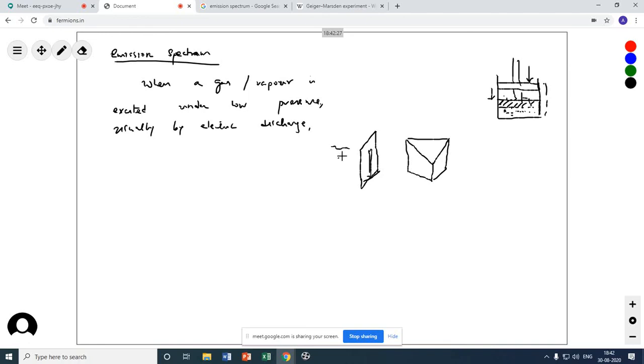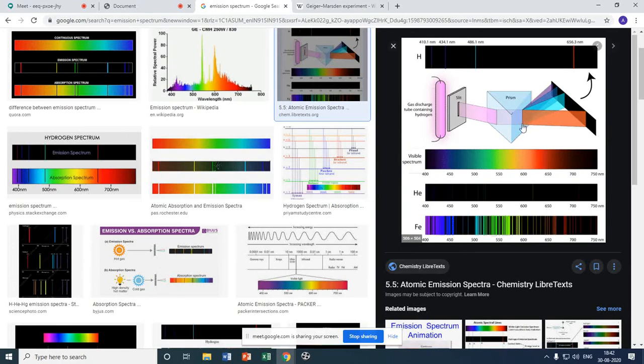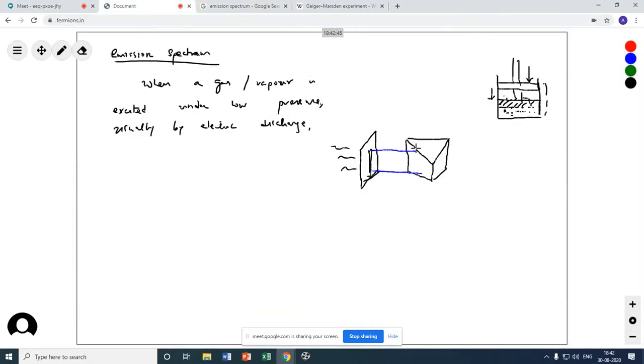So the radiation which is coming from here becomes a straight line, falls on this and undergoes dispersion. Correct? It undergoes dispersion from here to here. And then from here, it gets split into different colors. So this is the one.